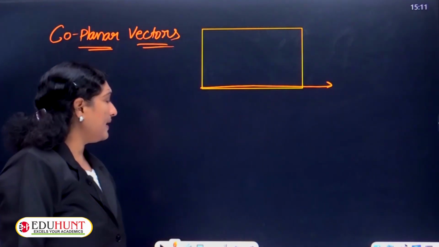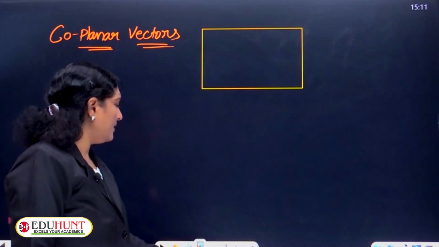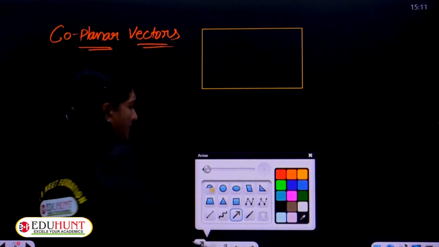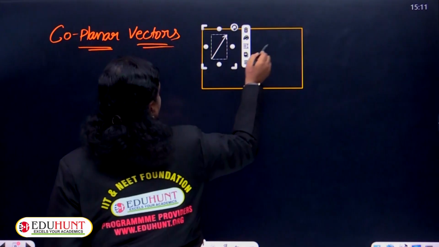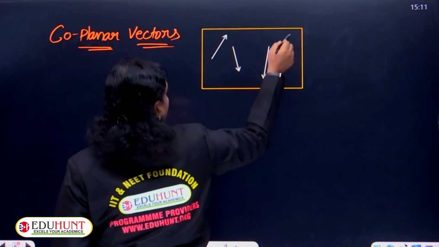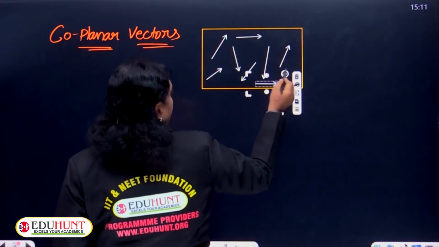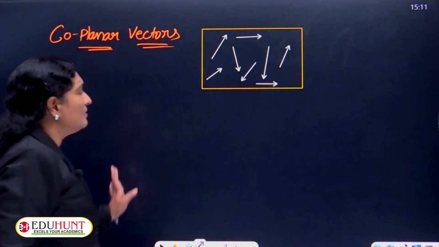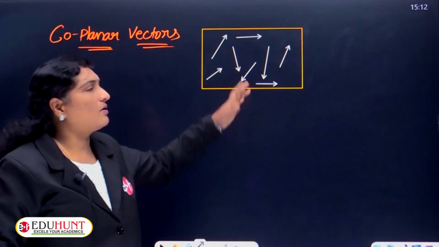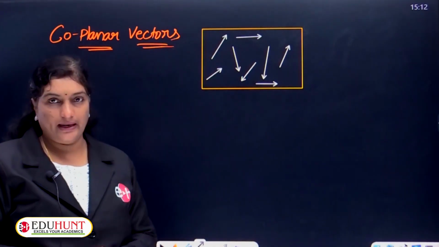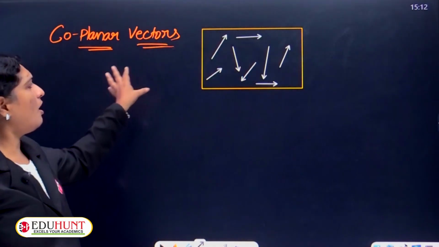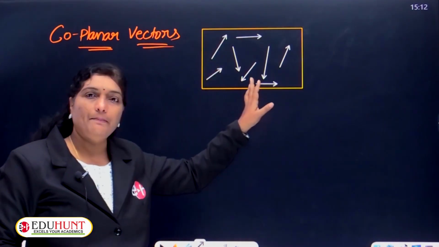So in this plane we can draw any number of vectors. Let us suppose vector 1, vector 2, vector 3, vector 4, vector 5, vector 6, vector 7, vector 8, and many more. So many vectors are drawn in this particular plane, and you can see that all these vectors lie on the same plane.